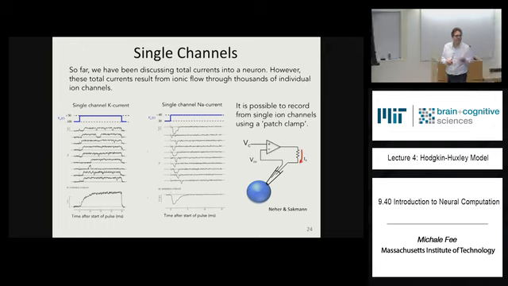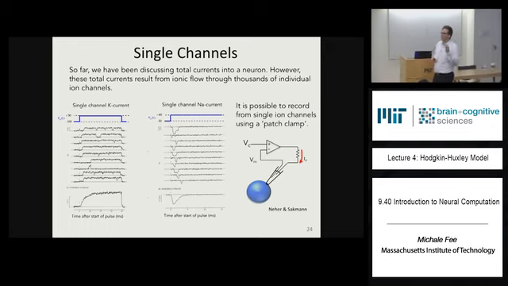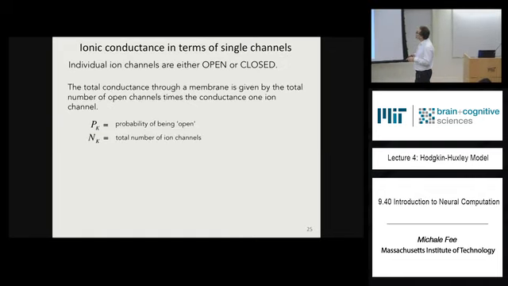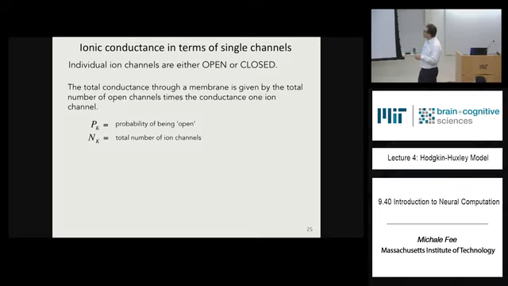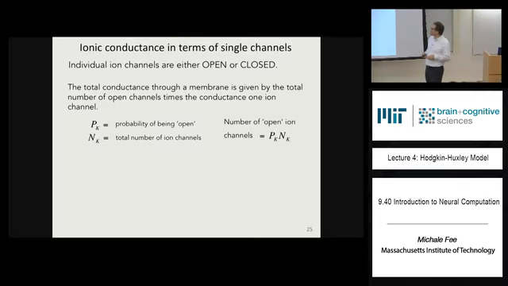But the key thing is that these channels have two states, on and off, and they flicker back and forth between those two states, conducting and non-conducting. So we can now start working with this idea that our ion channels are either open or closed. And we can think of a probability that the channel is open, and we can have a total number of channels.